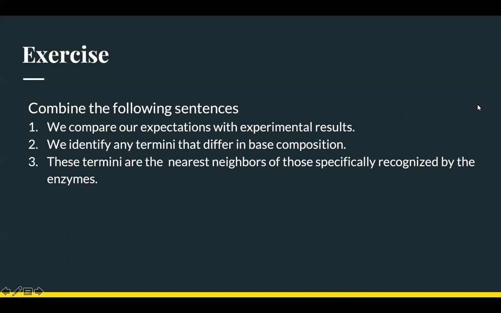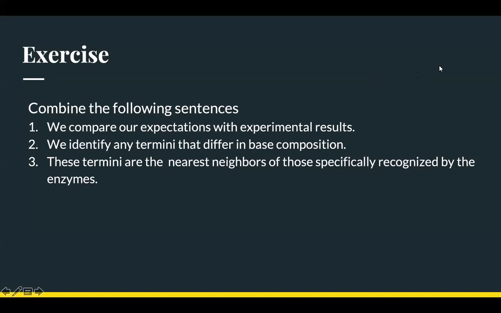Expectations compared with experimental results identify any terminal that differ in base composition, and terminal are the nearest neighbor of those specifically recognized by the enzymes.